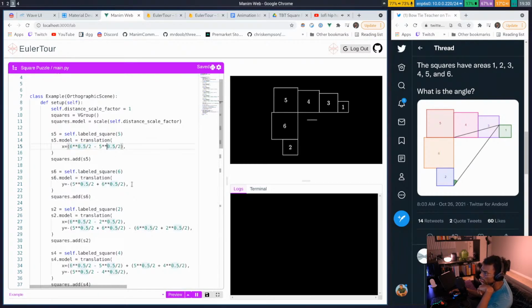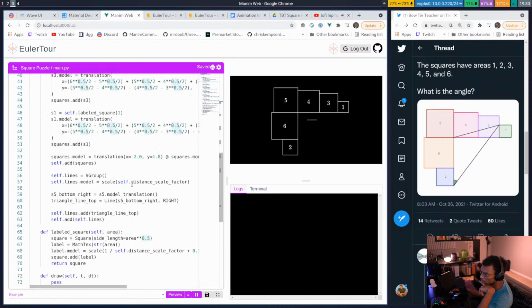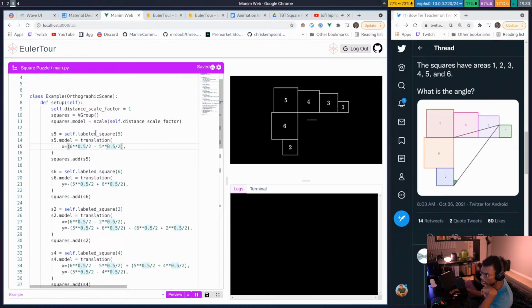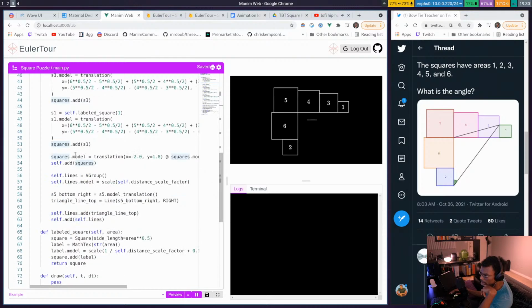Oh, I think I will want the world translation or whatever, because S5 has a parent, squares, and squares is translated.